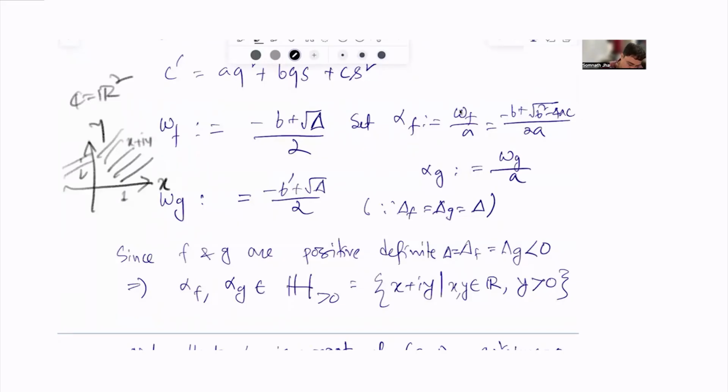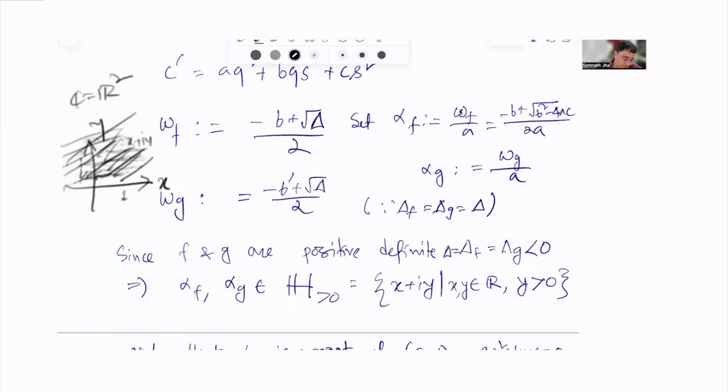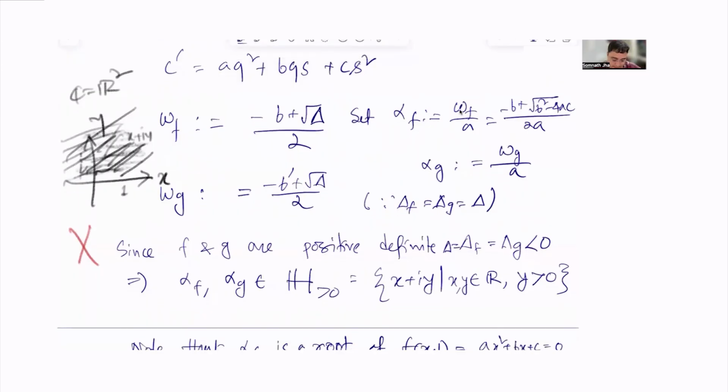The upper half plane is this entire area where x plus iy with y positive, okay, and not in this area, so not y less than 0.